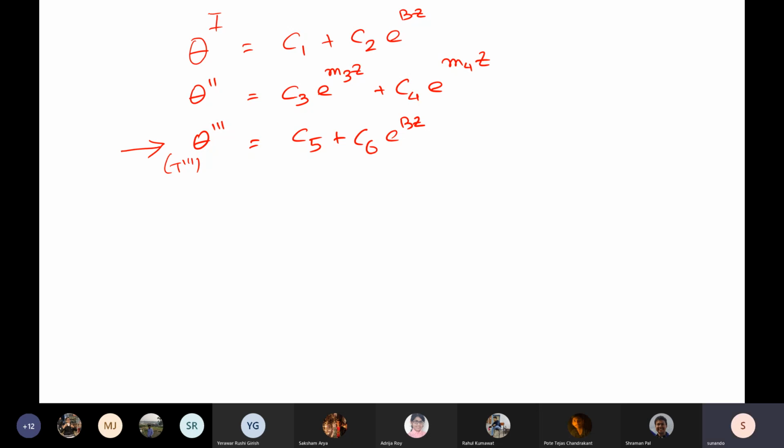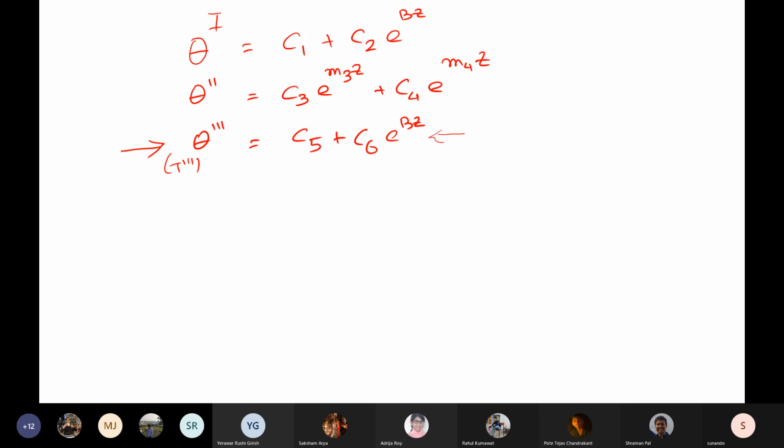Think and answer. For a large value of Z, what is going to happen to θ3? Is it going to be large or small? Small.